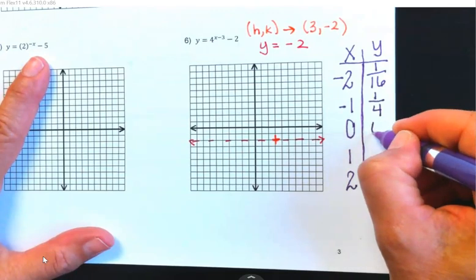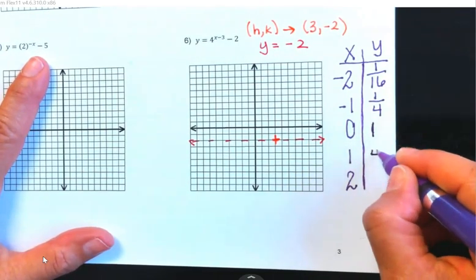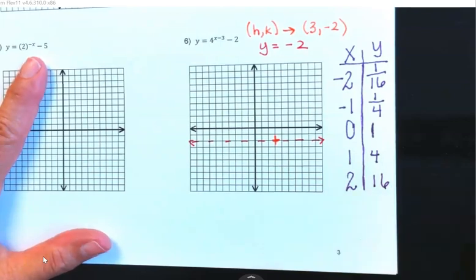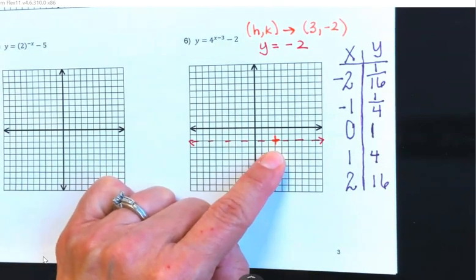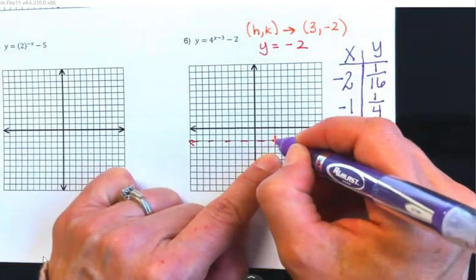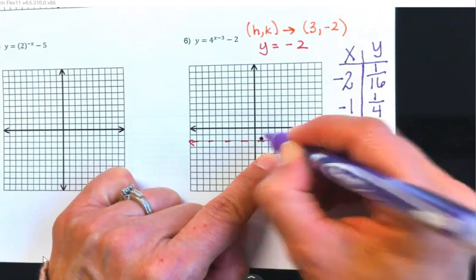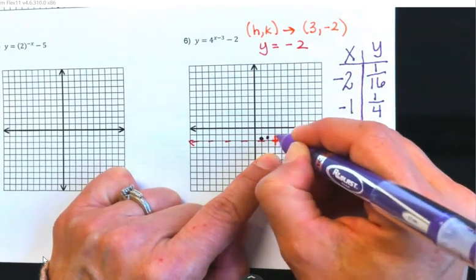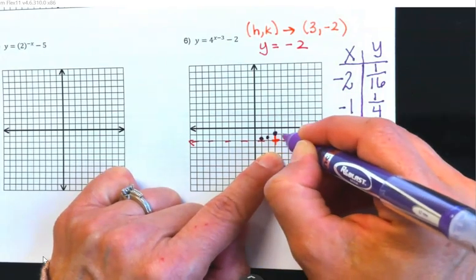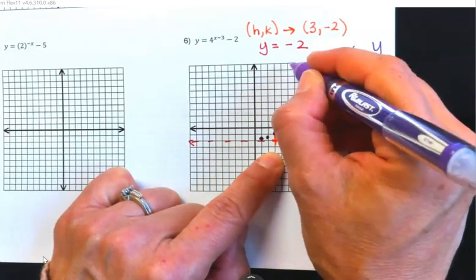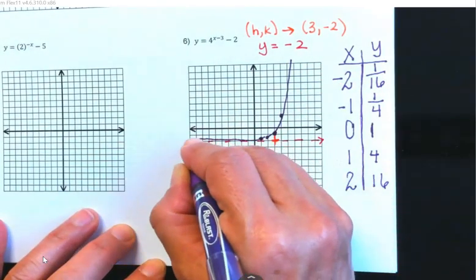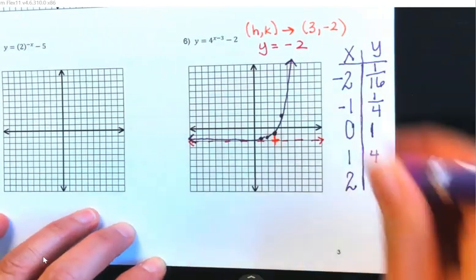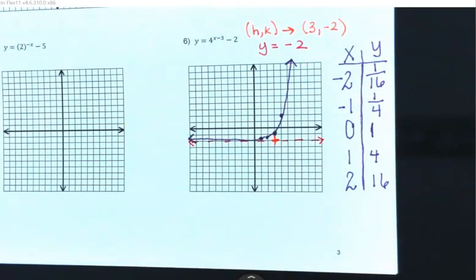All right, then we got 0, 1, then a 4, and then our last point is 2, 16, but we're not going to be able to fit that last point. All right, let's graph this. Remember, everything is from our new starting point, from our translations. So 2 to the left, up 1/16. All right, so that's going to be the shape of your graph.